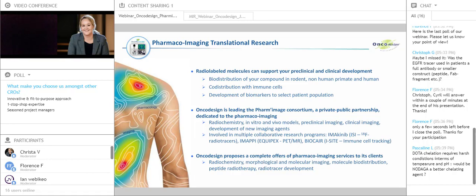And indeed, we will choose the chelating agent that will fit the chemistry reaction we can use with your molecule. So yes, NODAGA could be better than DOTA depending on some of your conditions. And we can help you to define which one is the best.